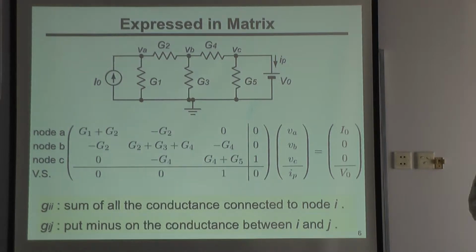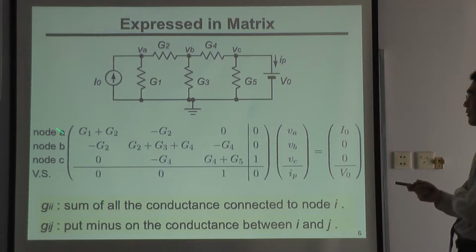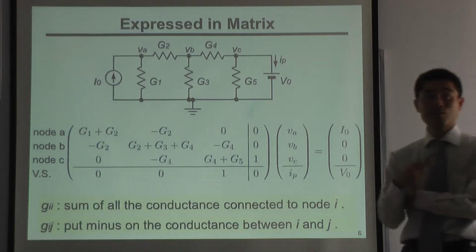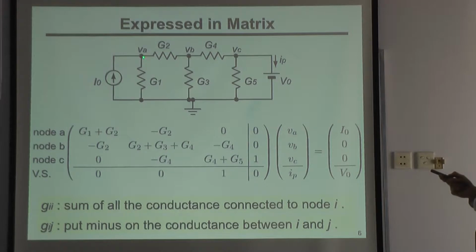Here the G_ii elements are the sum of all the conductances connected to node i. For example, for node A, this element is G1 plus G2. And for node B, the element becomes G2 plus G3 plus G4.